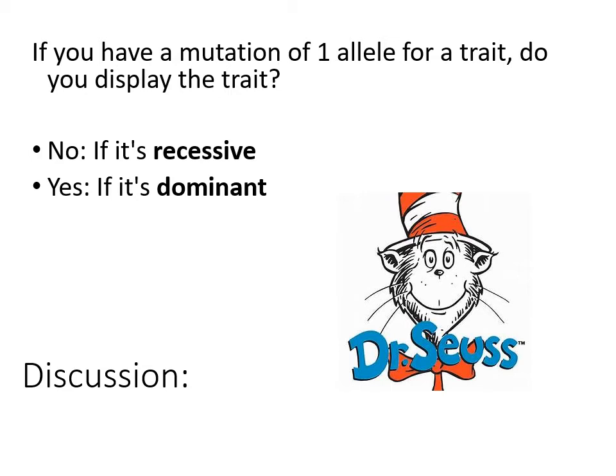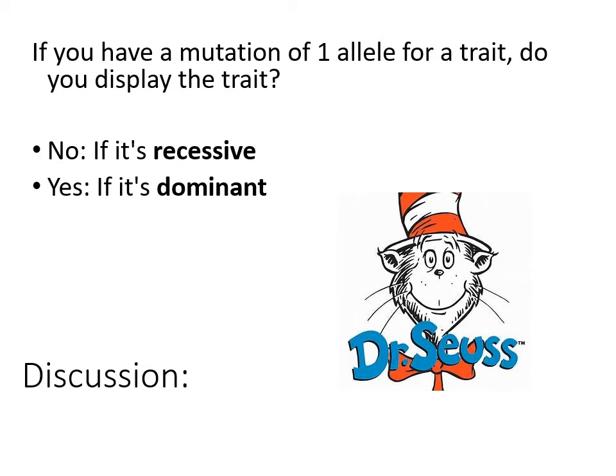Okay, so the next question here, if you have a mutation of one allele for a trait, do you display the trait? So if the trait is recessive, meaning you need two alleles, then no, you don't express the trait. It doesn't become your phenotype, right?